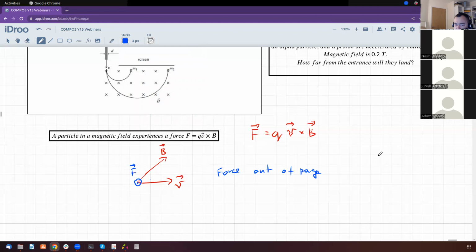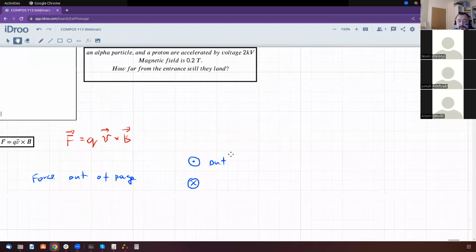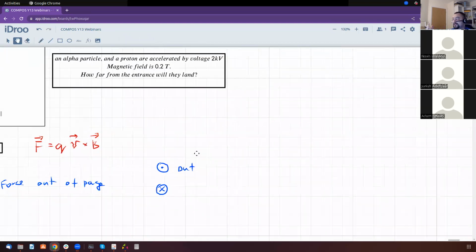Yes, is everyone familiar that this is out of the page, this is into the page? Tell me a yes or no, please. Okay, so for Edward, just think, we live in a three-dimensional world. So we have 6 different directions in which we can move.